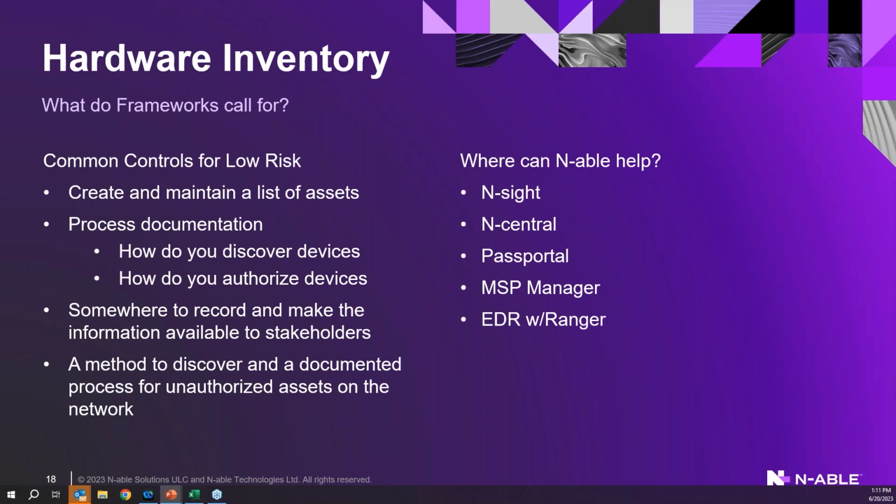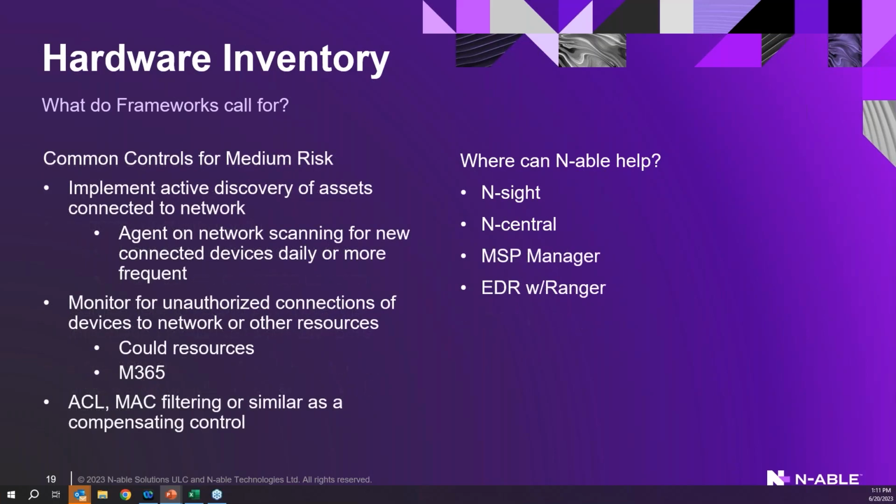When we move up to medium risk, then it adds some additional ask of us of, all right, we also need you to implement active discovery of assets connected to the network. So that's going to be an agent you got deployed. Well, you can use Essential, Insight, maybe EDR with Ranger on it, ZenMap, Nmap, whatever, but you need a tool to actively discover what is connected to your networks.